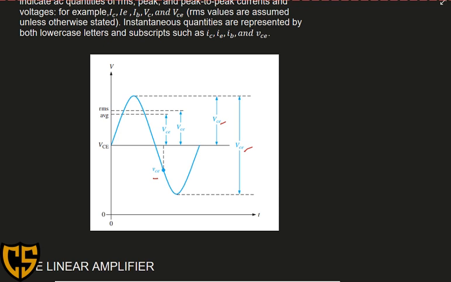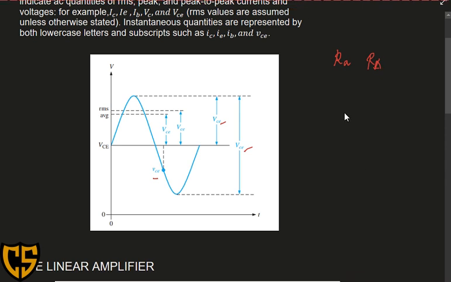So lowercase. For example, we have Ra. So Ra is, for example, the AC current along A, and if we have a capital RA, that will be a DC resistance.